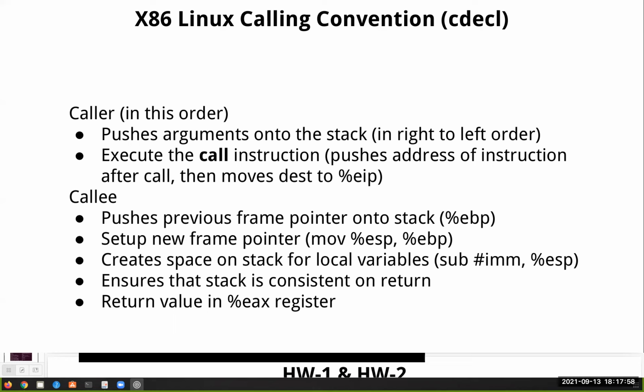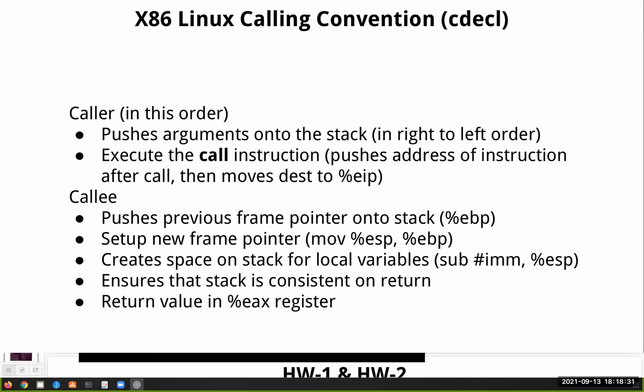For a function, it can obviously be a caller and a callee at the same time. A function will be called by other functions, so it's a callee, and also it will call other functions, so it's a caller. When it's a callee, it has to decide at the beginning of the function what it does. In this convention, it pushes the previous frame pointer on the stack, which is EBP or RBP.